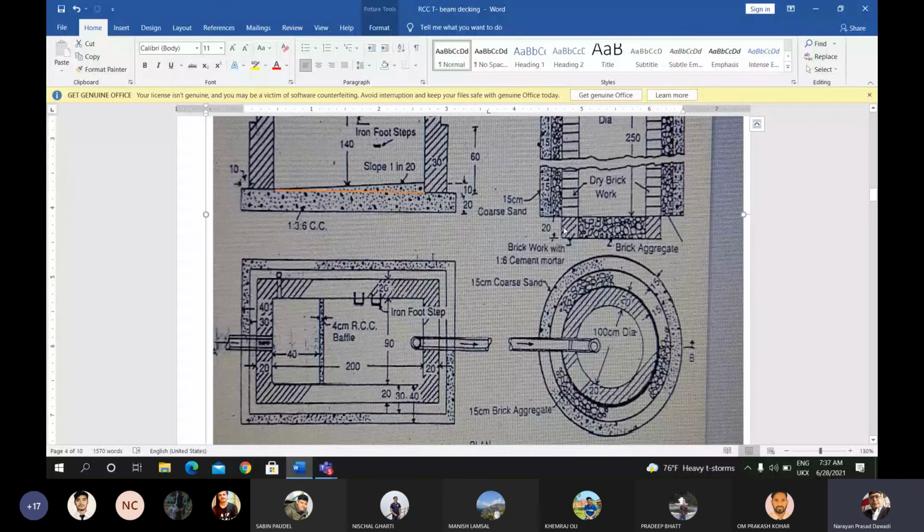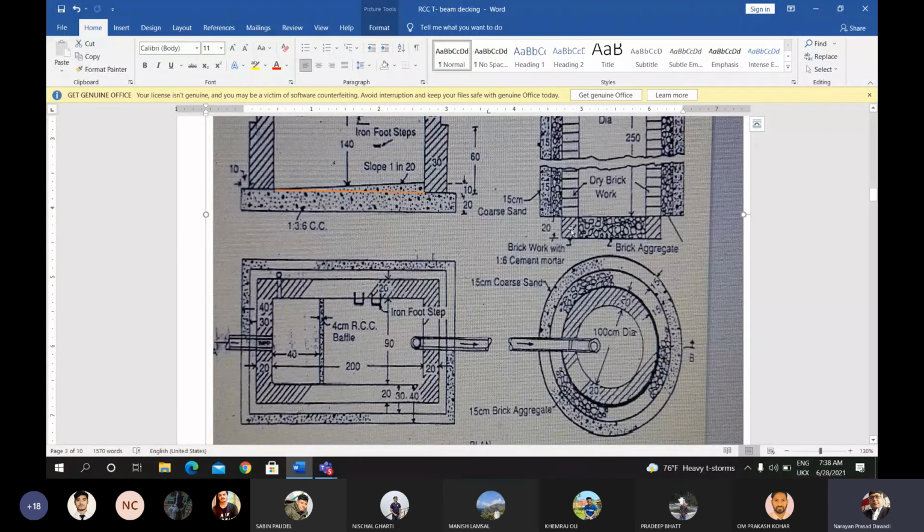And for the bottom portion, look at the diameter of this bottom portion. This is 100 plus 20 and 20, 140. You dig the small trench below the bigger circular trench. This diameter is required here for the 20 centimeter height.